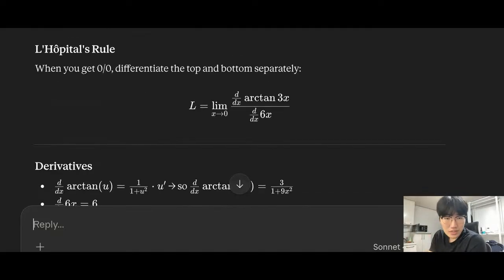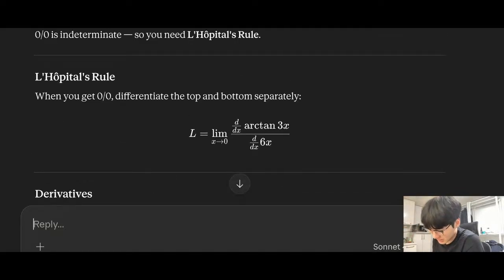The value is 3x, and the derivative of arctangent is 1 over 1 plus the value, which is 3x, to the power of 2, which makes it 9x, times 3, which is 3 over 1 plus 9x.